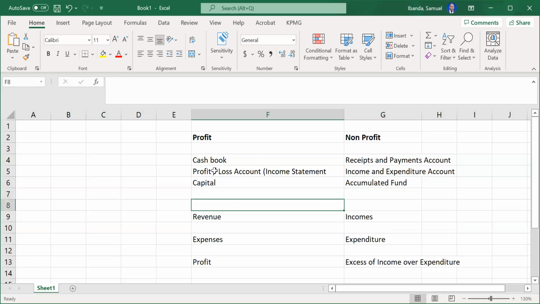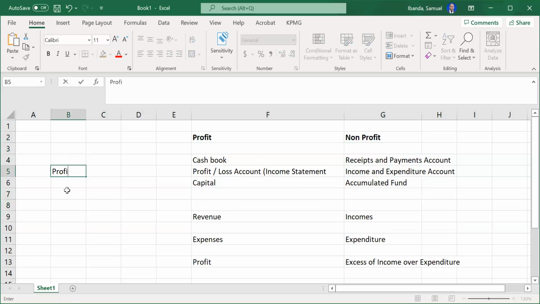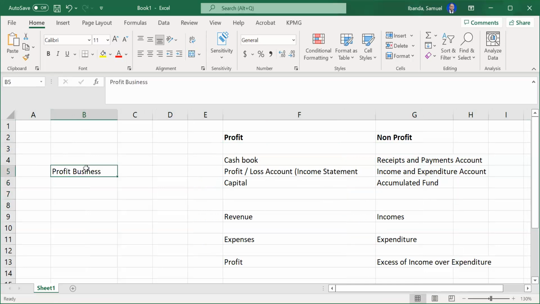Now, like I said, non-for-profit, although they're non-for-profit, they will always have a profit business. Most of the questions that will come through will have a profit business.